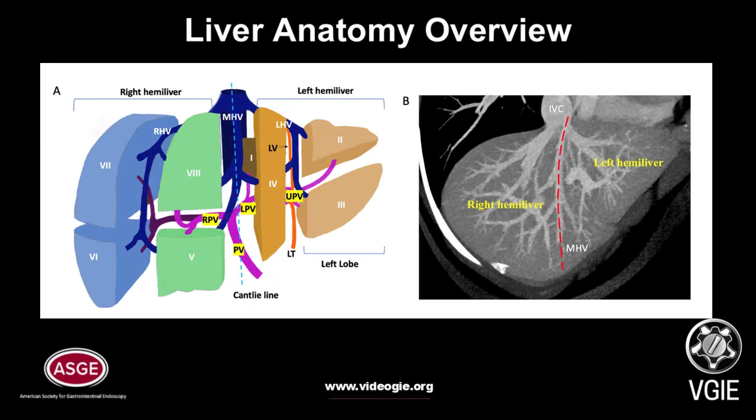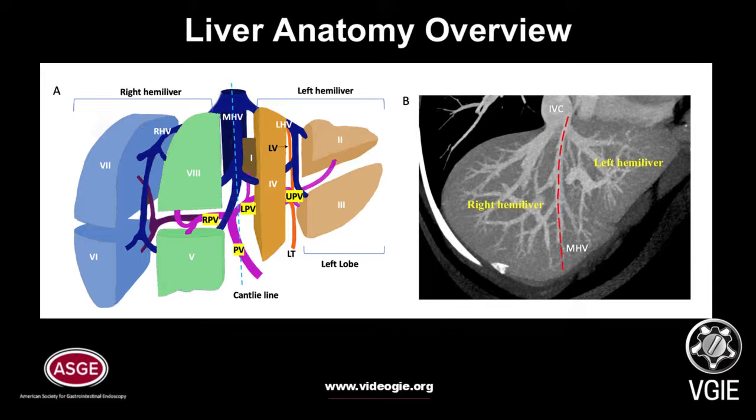The liver is divided into two hemilivers, right and left, by an imaginary line named Cantlie's line that contains the middle hepatic vein and passes through the IVC posteriorly and the gallbladder fossa anteriorly. The left hemiliver comprises segments 2, 3, and 4, and the right hemiliver comprises segments 5, 6, 7, and 8.